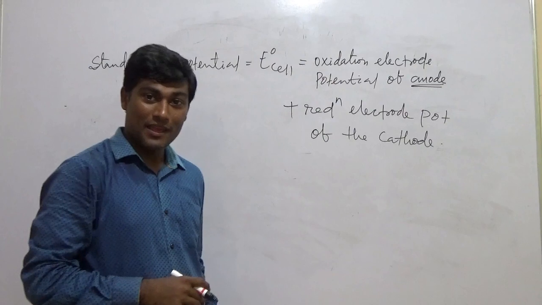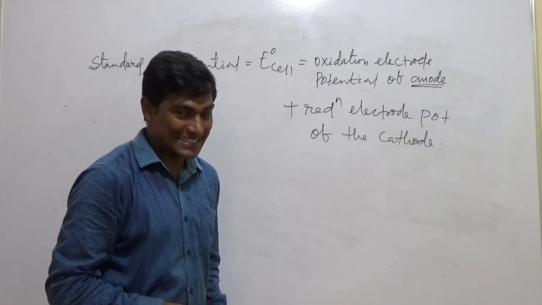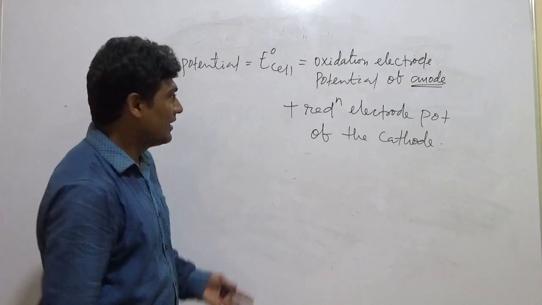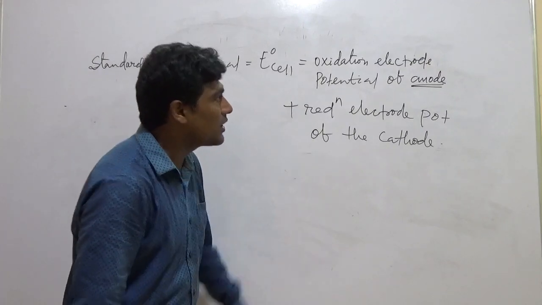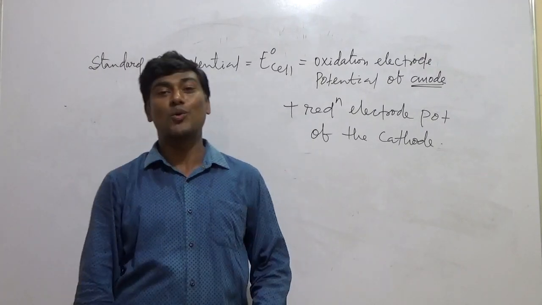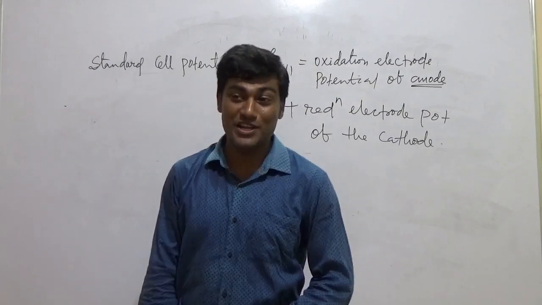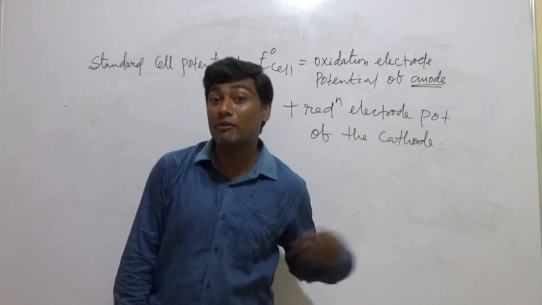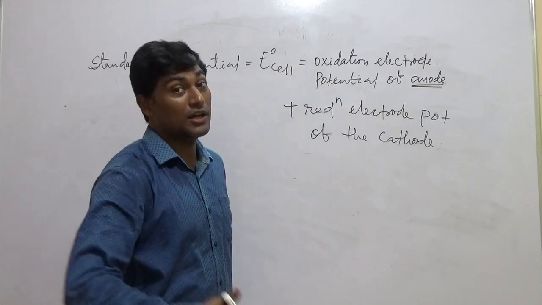So the first formula is that E°cell, the standard cell potential, is equal to the sum total of the oxidation electrode potential of the anode and the reduction electrode potential of the cathode. And accordingly we can develop this equation continuously.